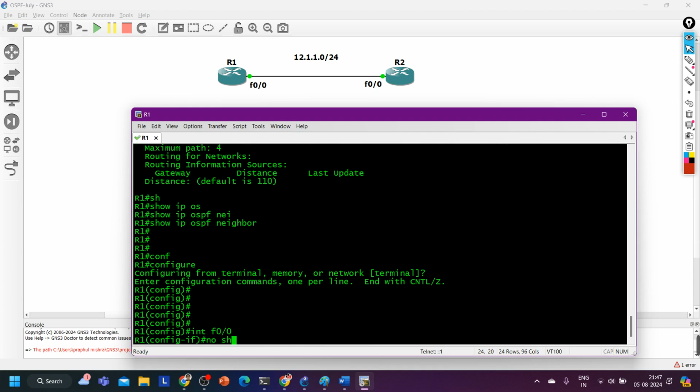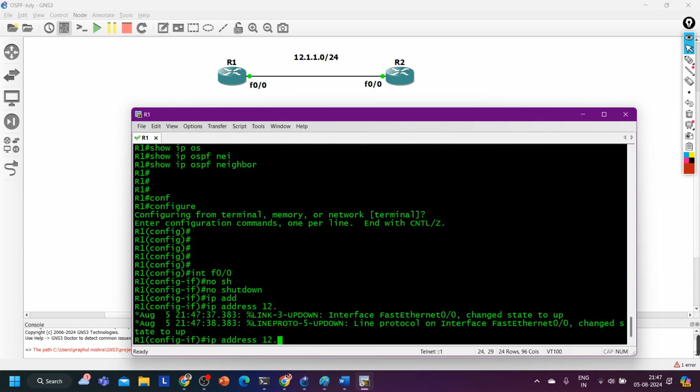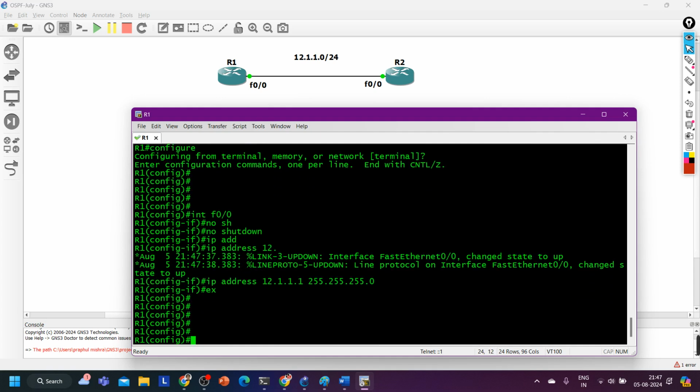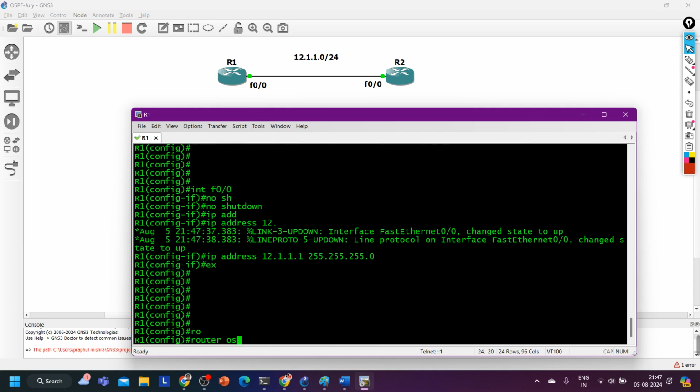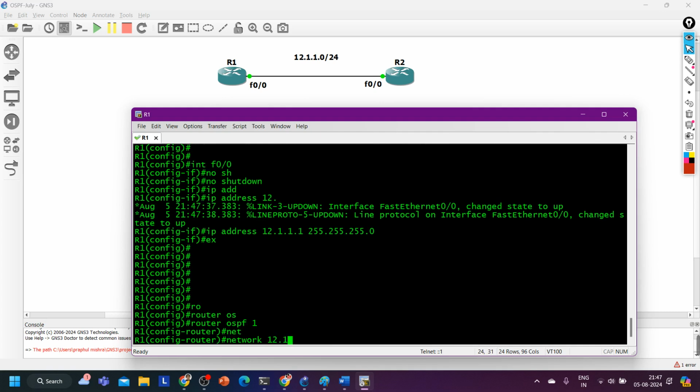Now let me configure the scenario. Interface F0/0, no shut, and IP address 12.1.1.1 255.255.255.0. Router ospf 1 and network 12.1.1.0, and here in OSPF we use a wildcard mask.